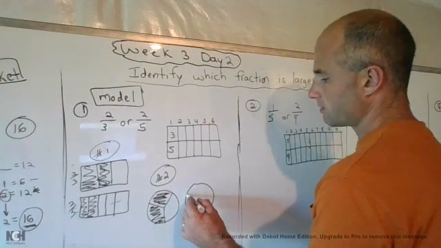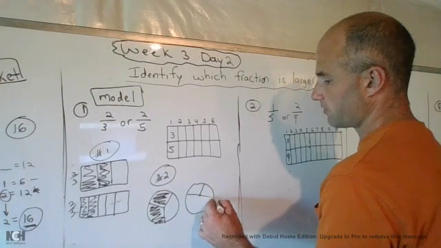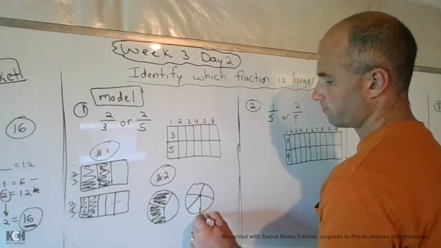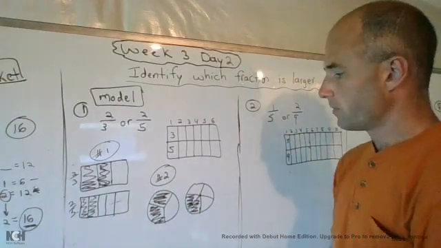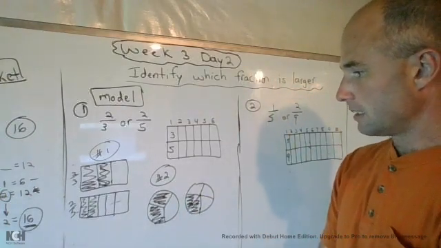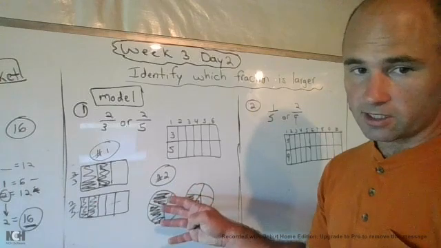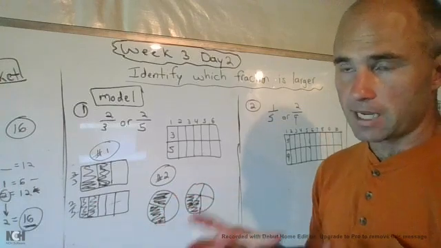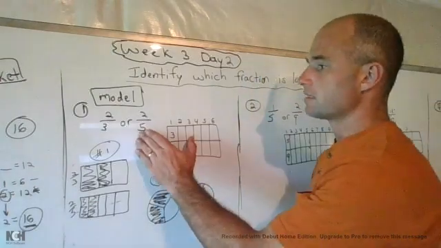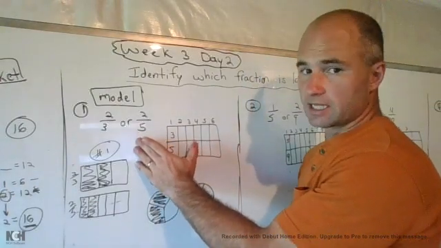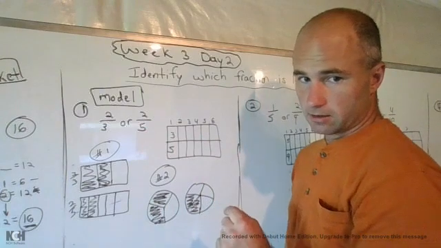If I break this pizza pie up into fifths, and I eat 2 of them, right away I can see, pizza-wise, I'm going to want the one that has 2/3 because those slices are each bigger. So what does that mean? That means the larger the denominator, the smaller the piece.